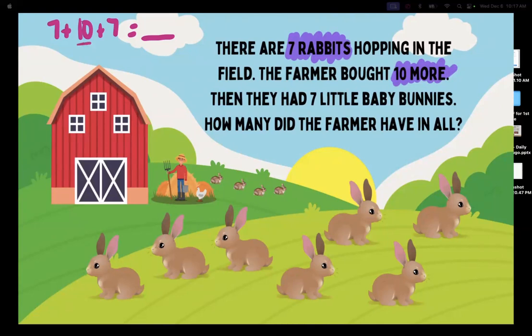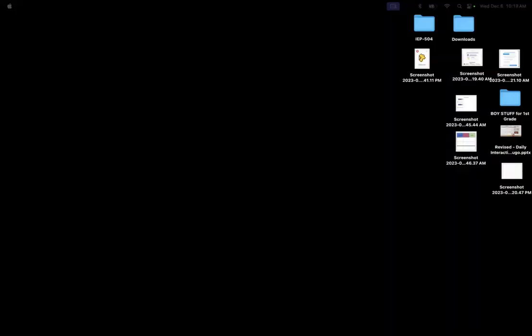So you know 10. Okay, and then if you know your doubles, that's 7 plus 7. It's going to be 14. You take 14 and you add 10 together. Oops, my screen went away.